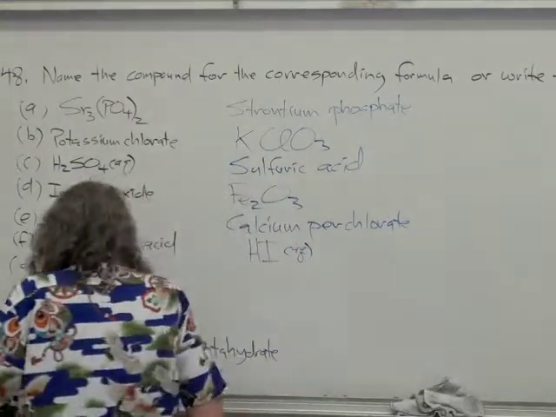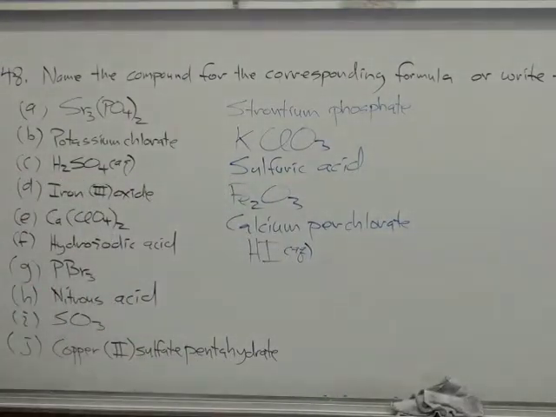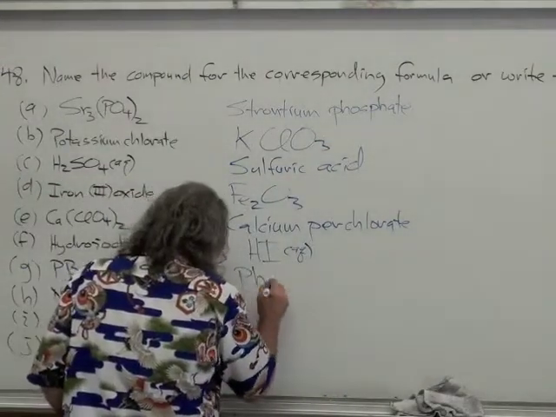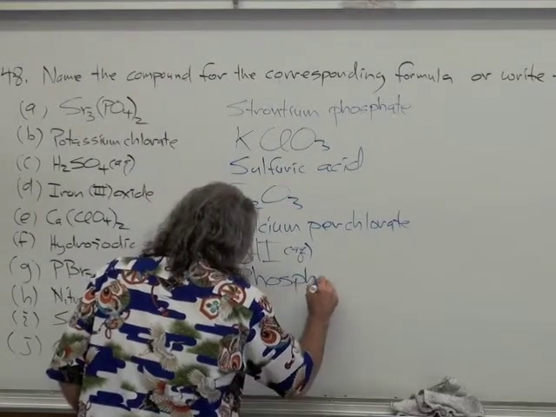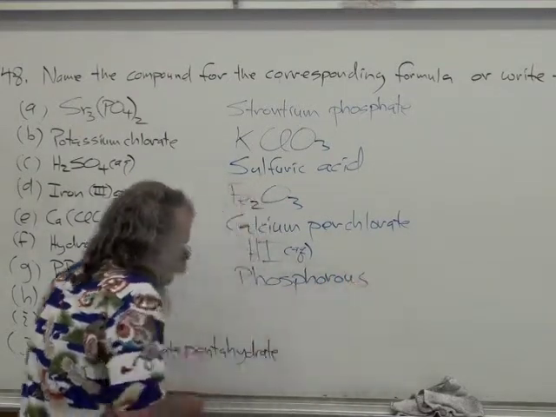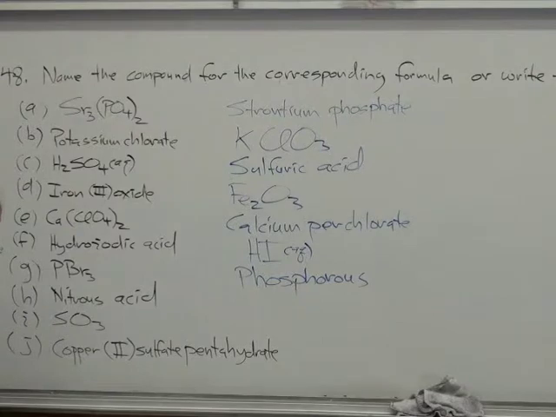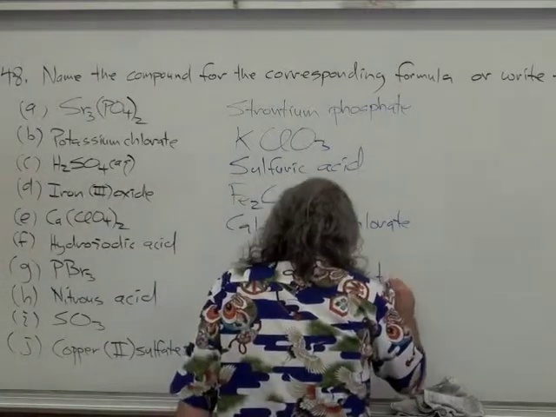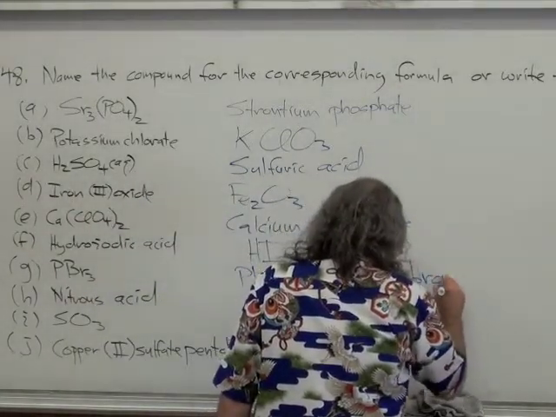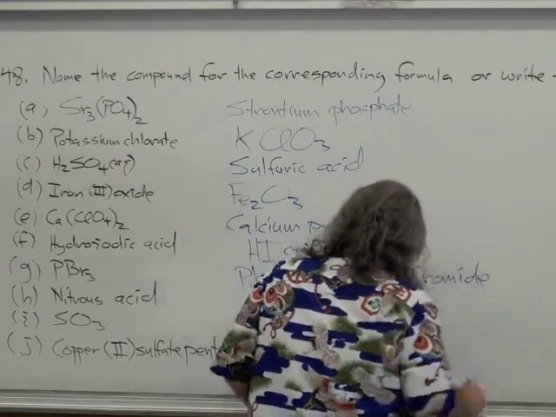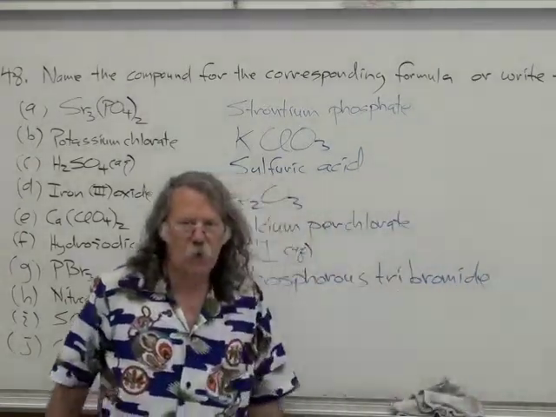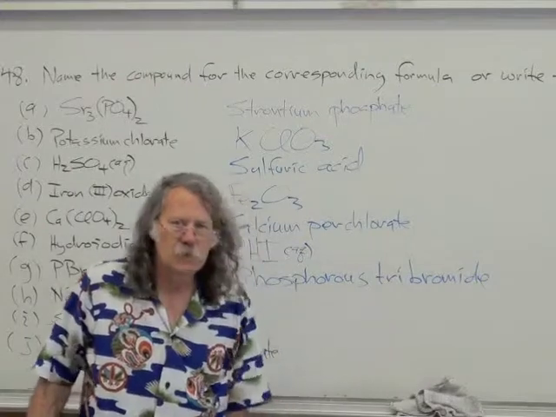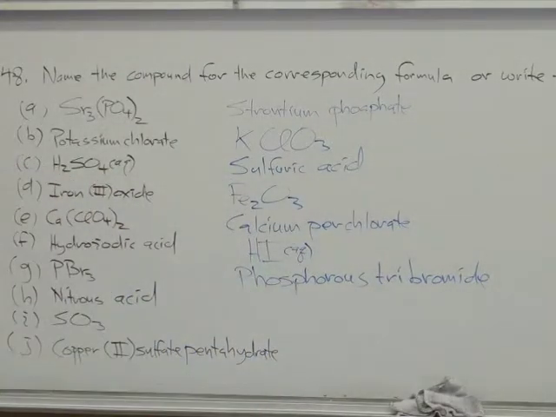In this case, the most metallic is phosphorus. So we give it that element name, and then how many bromines are there? 3. So what's the Greek prefix for 3? And we use the stem-ide protocol for naming the less metallic of the elements.